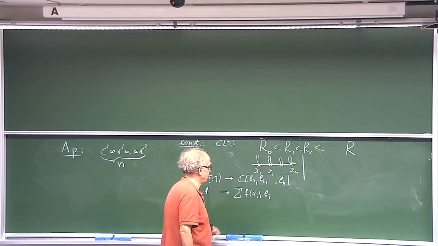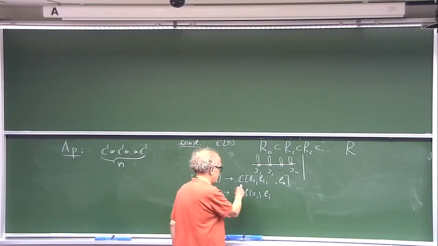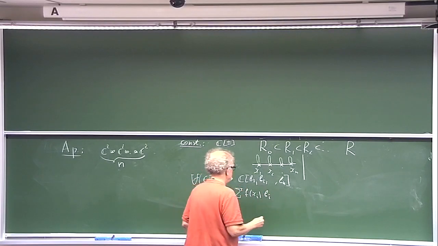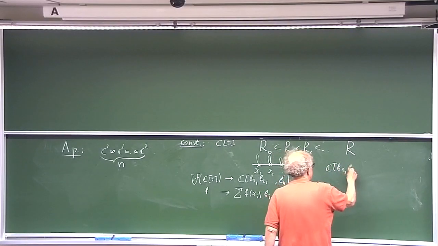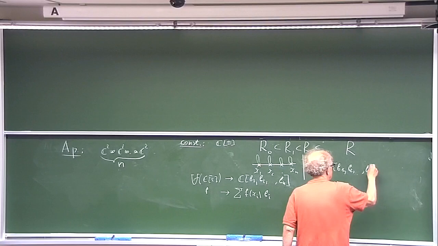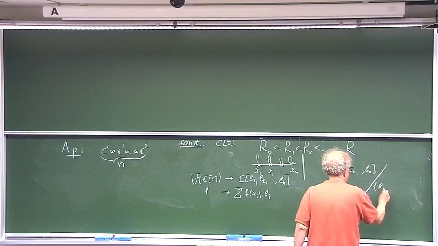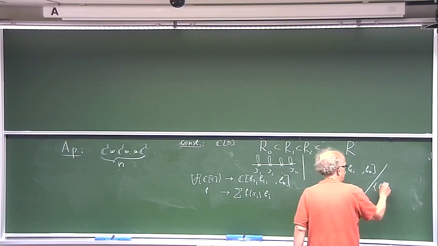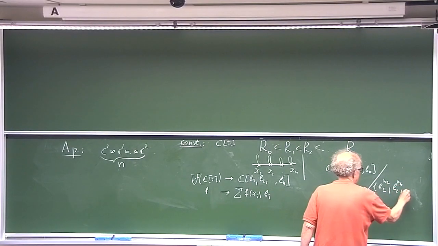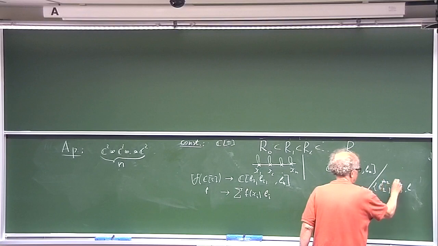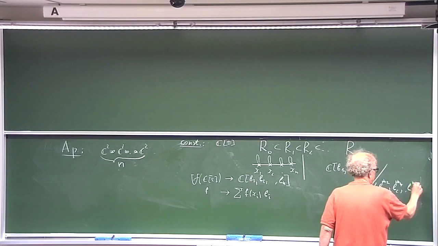Yes, and before I applied my construction to a representation of this algebra, which is what? I take C[B1, B2, and so on, Bn], and factorize it by the ideal generated by B1 times N1, B2 times N2, and so on, Bn times Mn.